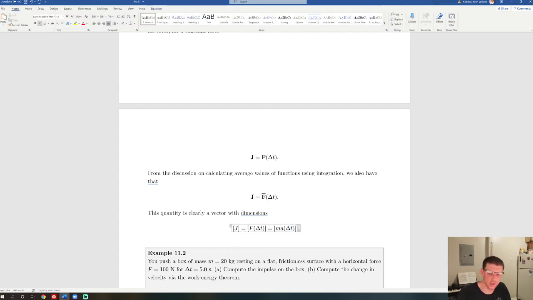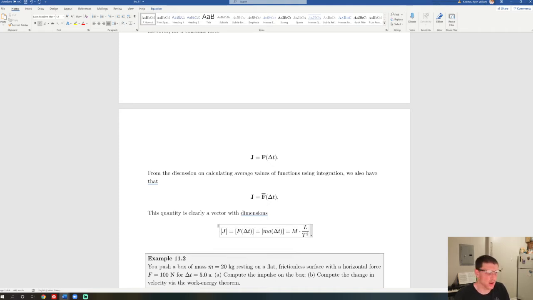And this is then a mass times a length over a time squared times a time, and we find the same thing as before, that it's a mass times a length over a time. And this implies that the units are also the same as for momentum, and they're just kilogram meters per second.